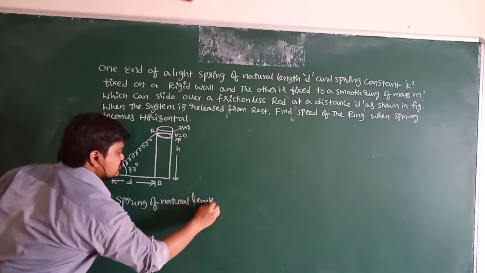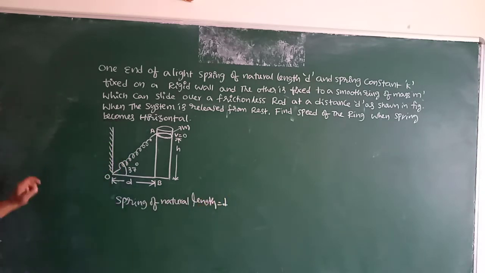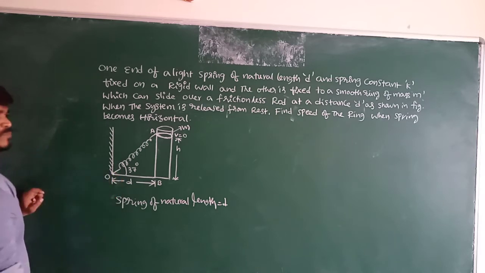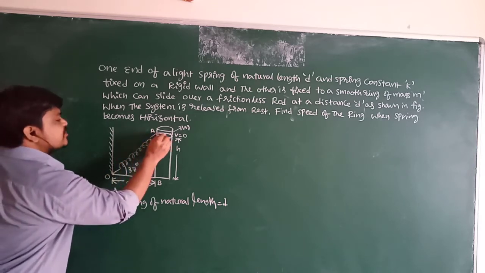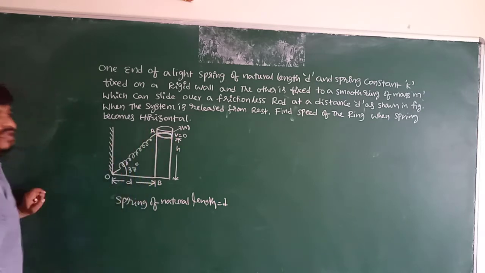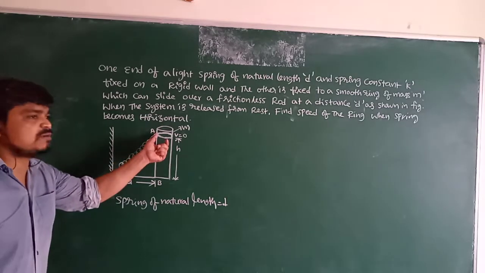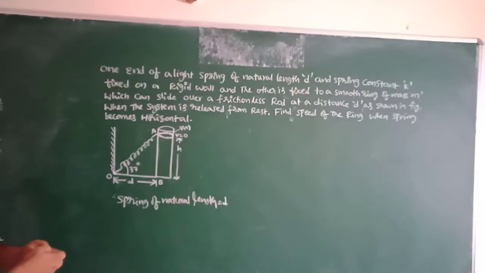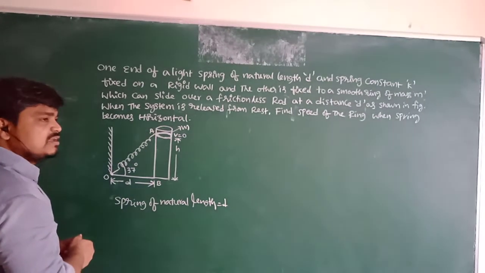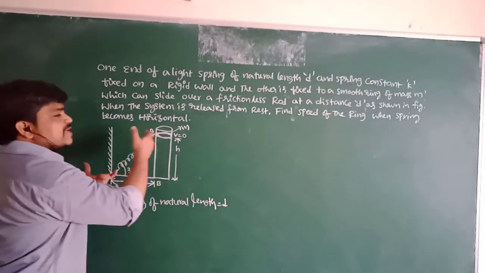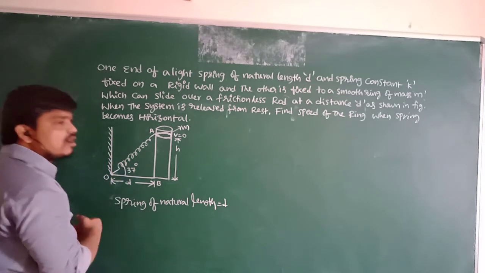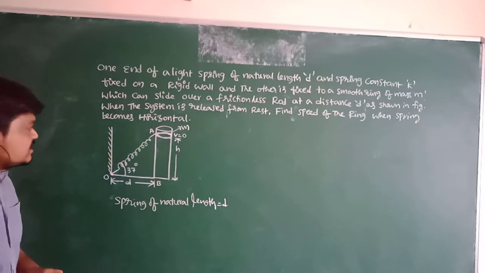The natural length is d, whose one end is fixed to the rigid wall and the other end is fixed to the ring at the point A. When connected at the point A, the spring is elongated, so it doesn't have its original length. It has some extension, and we have to find the extension length.